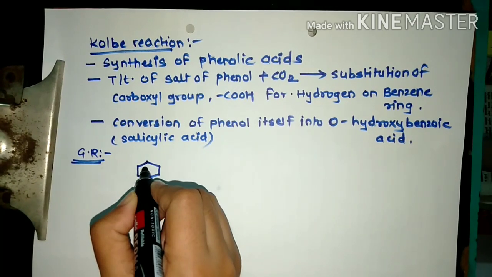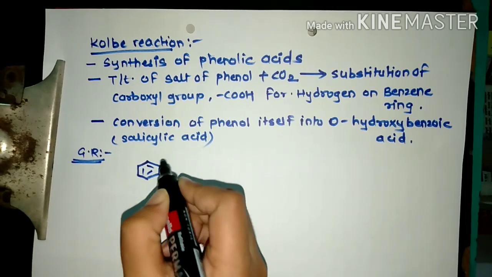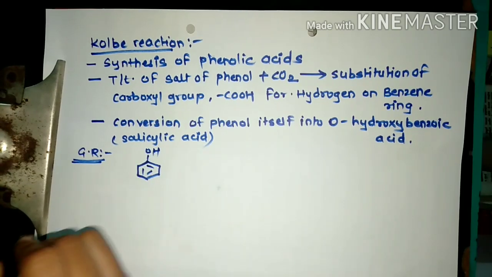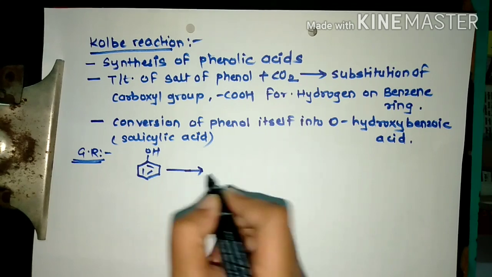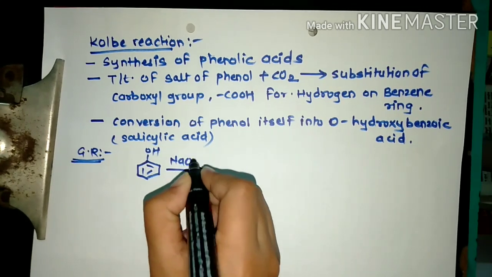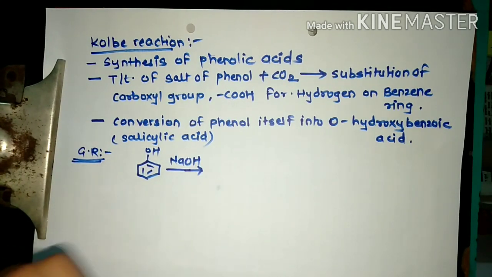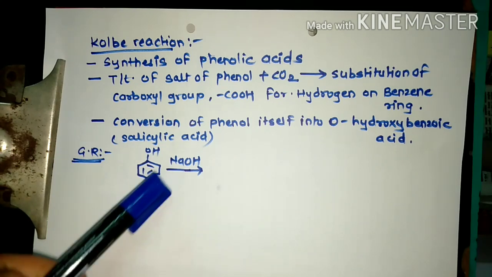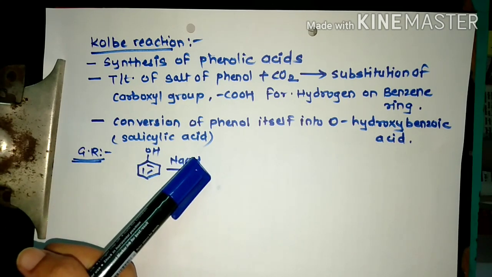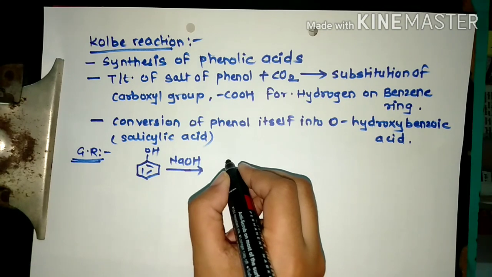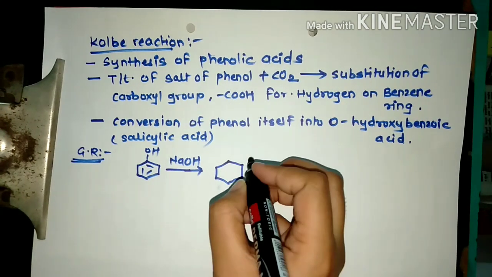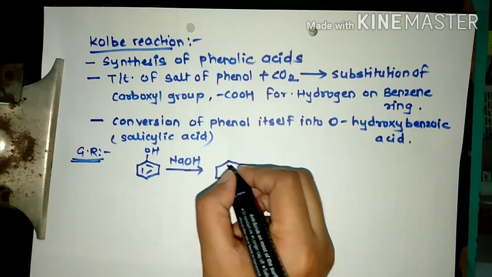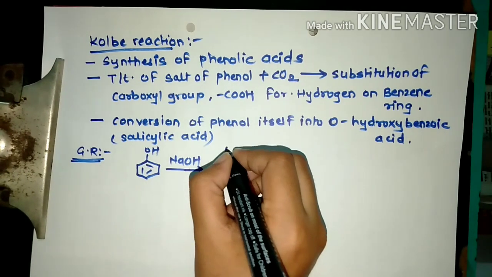This is a phenol, reacting in presence of a base, that is NaOH. What will happen? This phenol, when it reacts with the strong base, forms a phenolic salt, ONa.